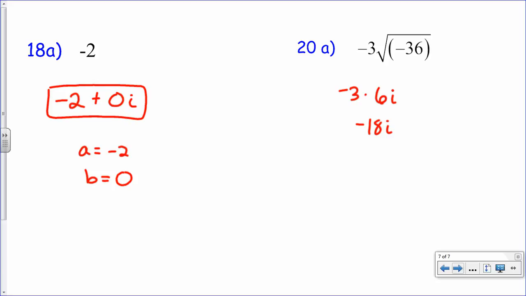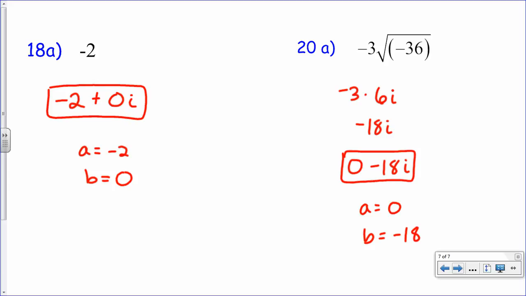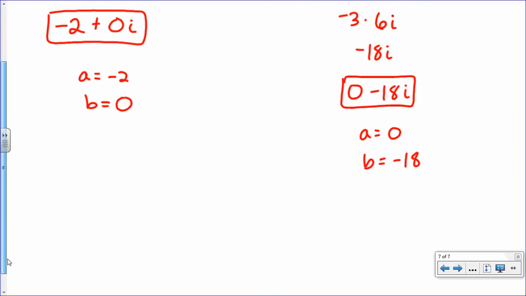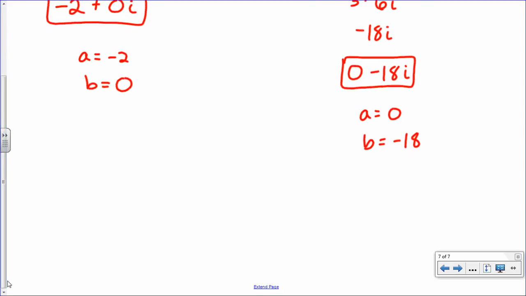What's the real part? 0, and then minus 18i. So this time a is 0, and b is negative 18. So if you're just given one part, a real part or an imaginary part, then the other one is 0. But you can still write it as a complex number. Okay, we're going to do one more example.